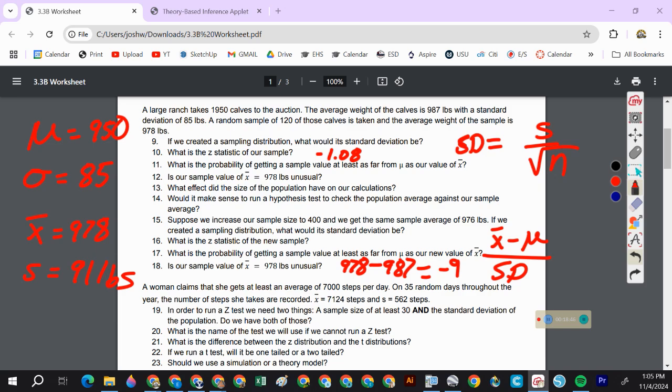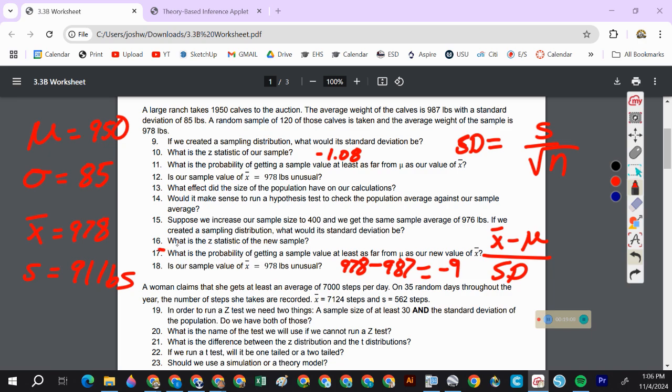Okay. What is the probability of getting a sample value at least as far from mu as our value of x bar? There's a word for that. What do we call that number?